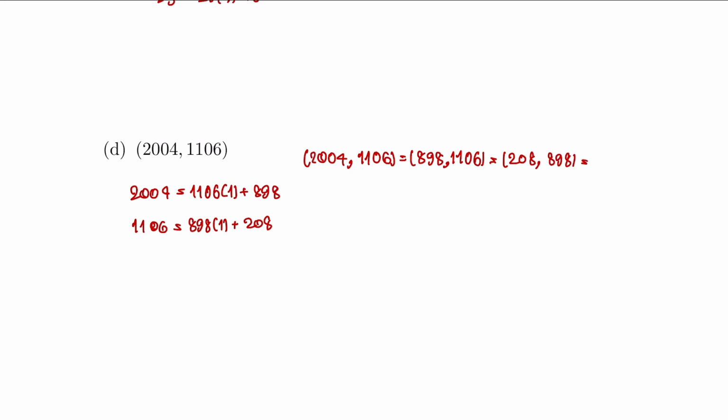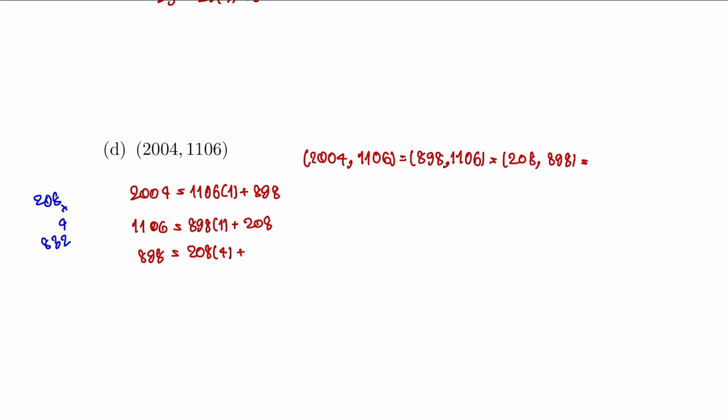So we have 208 and 898. Next we divide 898 by 208. You need to multiply by 4, and when you multiply by 4 you get 832.